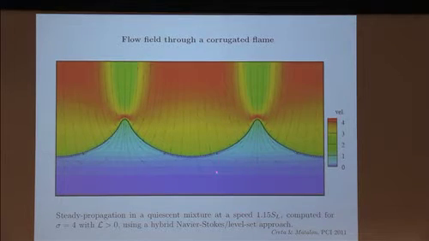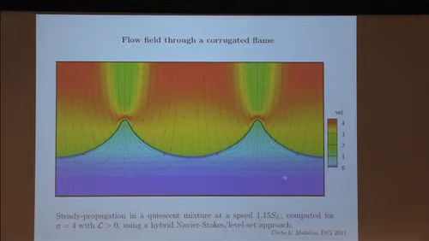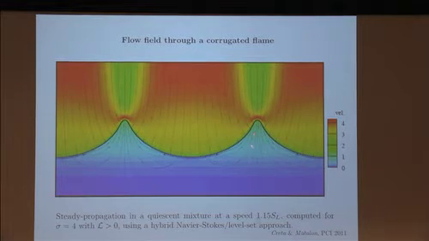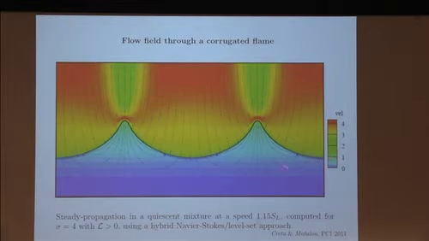As a result of the propagation, as it propagates down, you see that the flame induces a flow field in the unburned gas, and the flow field is directed in such a way that it's going from the more flat region of the flame towards the troughs.